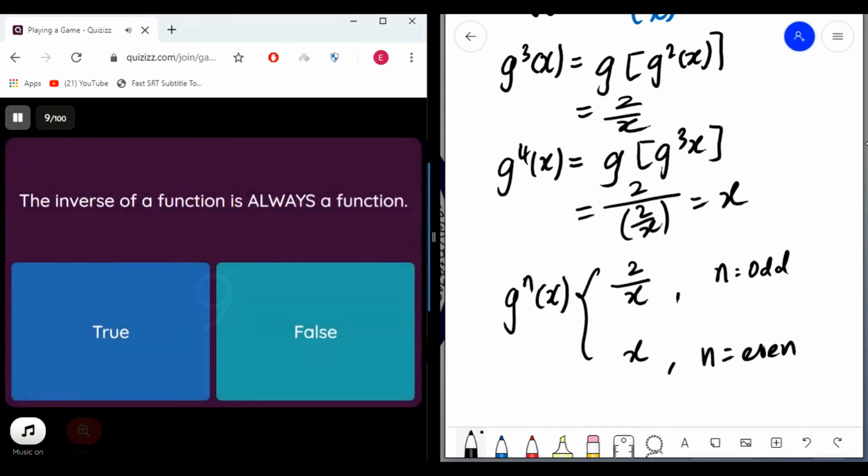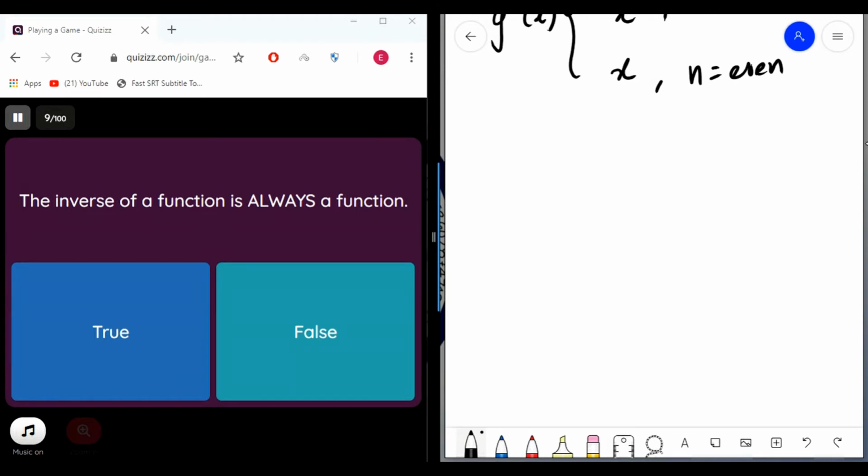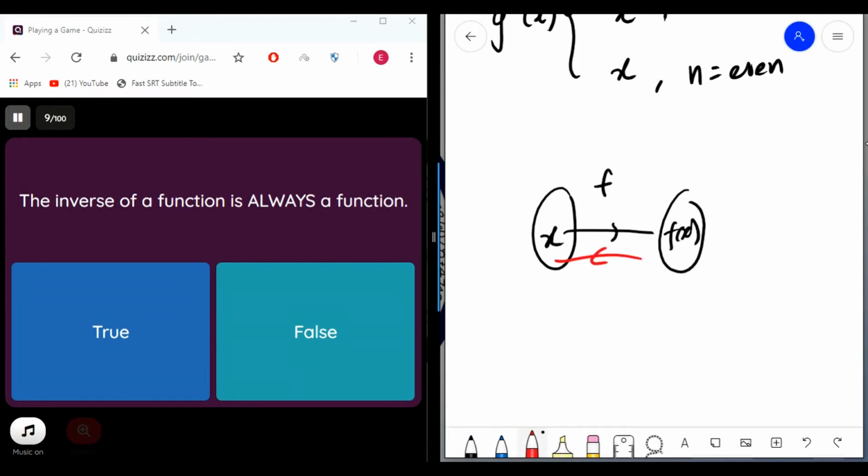Number 9. The inverse of a function is always a function. Inverse function means if I have a function f which maps x to f(x), then the inverse of it, which we write as f negative 1, will map f(x) back to x. Just now we said that only one-to-one and many-to-one relations are functions, right? What about the inverse?